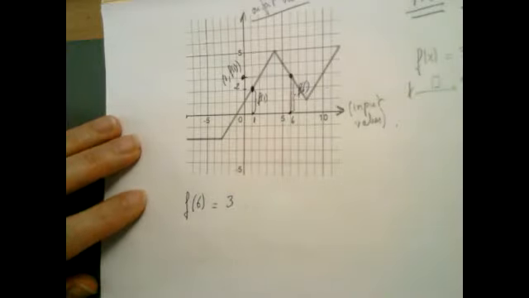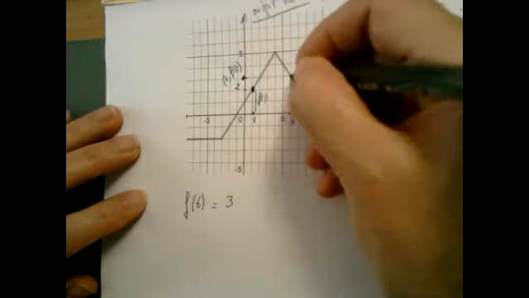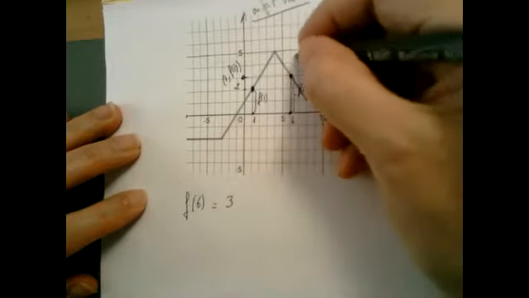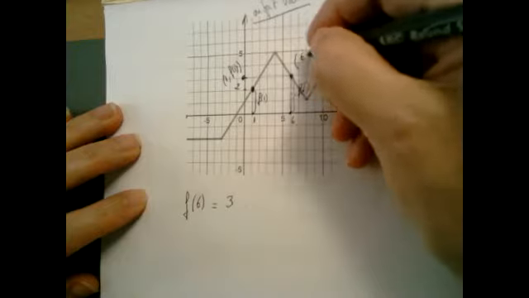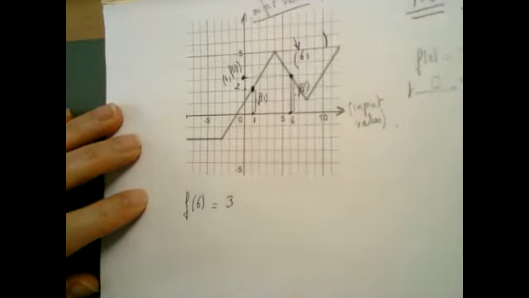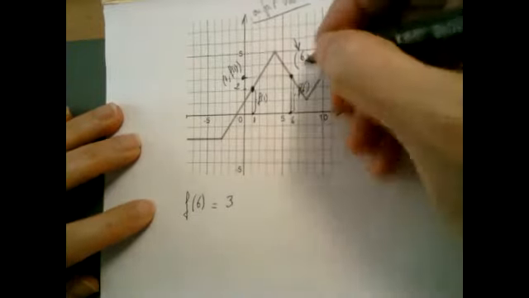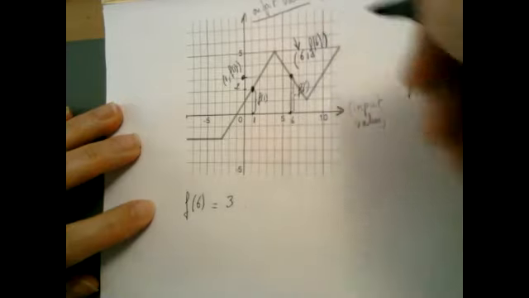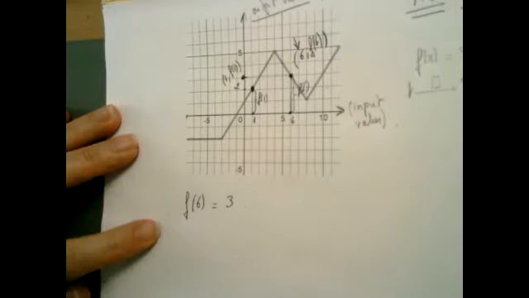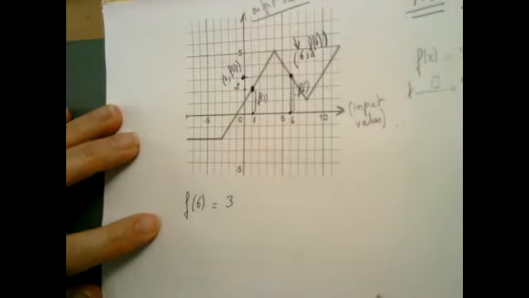That's how the rule is given by a graph. So this point on the graph, what are its coordinates? The first is the input. The second is the output, which means the second is f of 6. That's what a graph represents.